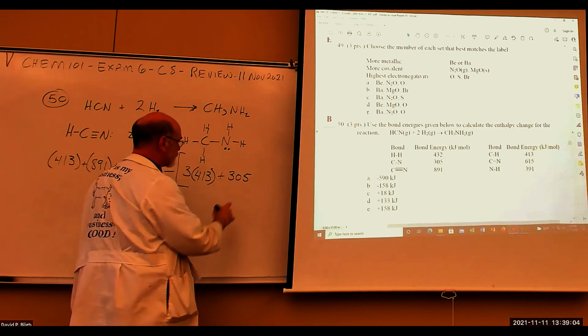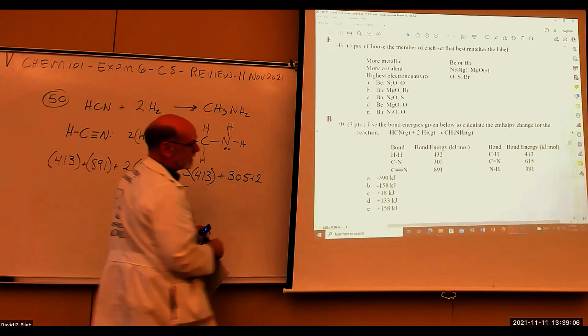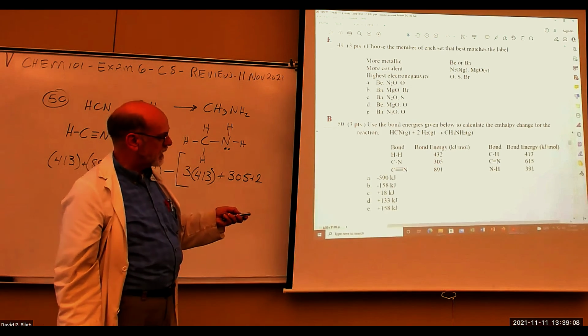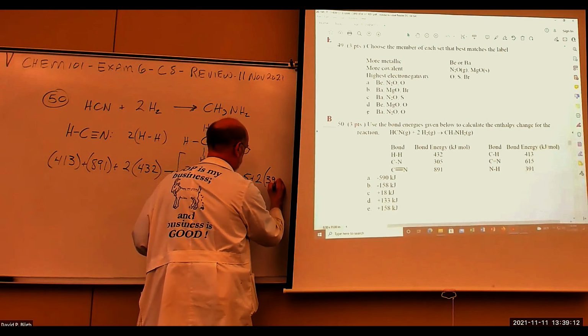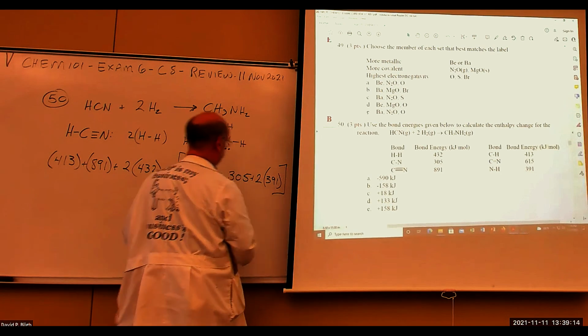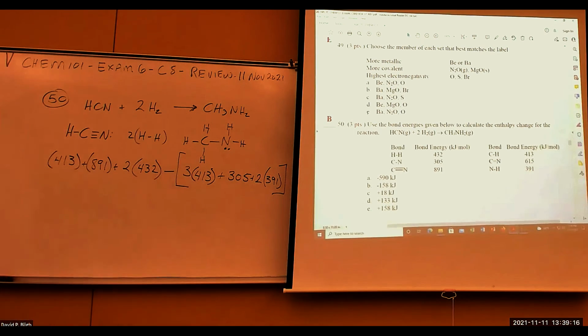And then 2 nitrogen-hydrogen bonds, right here, 391. That's the hard part. The rest is number crunching.